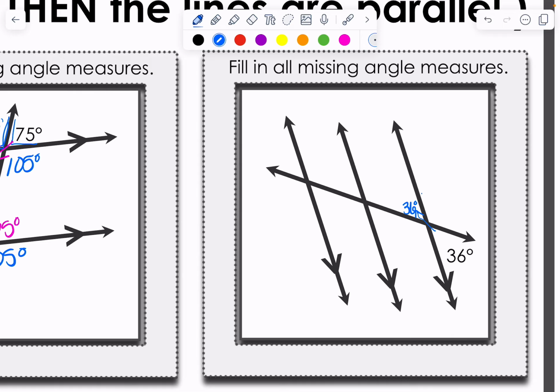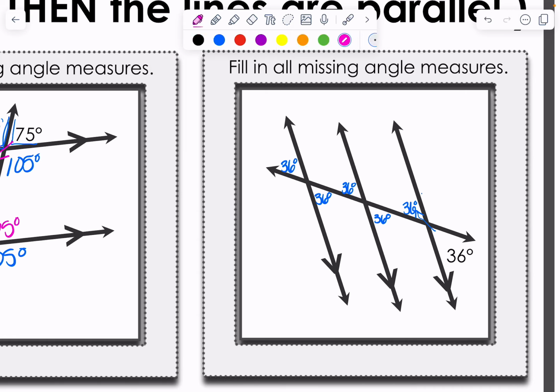And then I could say it's an alternate interior with this angle, which is vertical to this angle, which is another alternate interior between the next set of parallel lines. And then it's vertical there, okay? Again, we also have corresponding angles that could help you see that relationship. And you could even use some alternate exterior like with this one and this one.